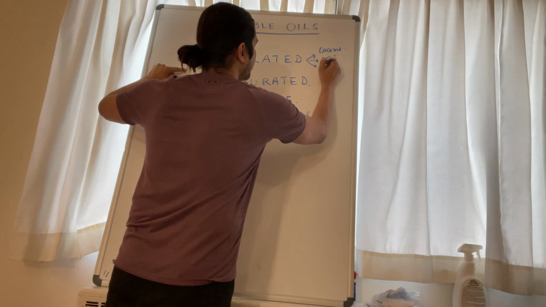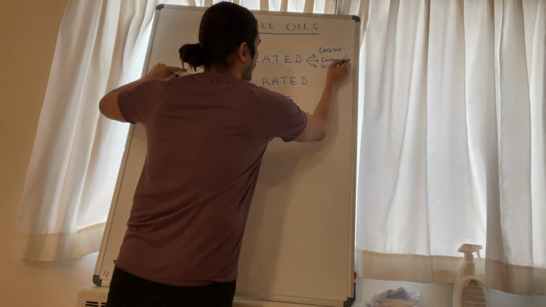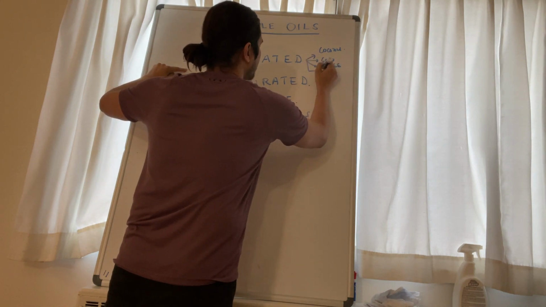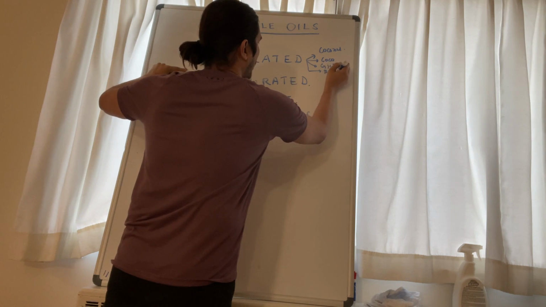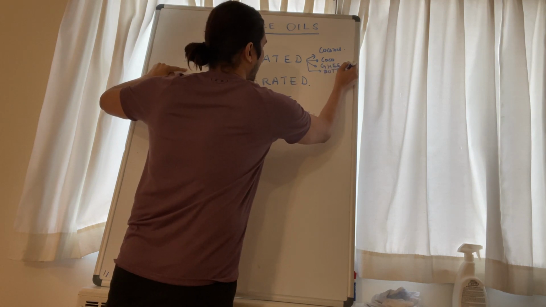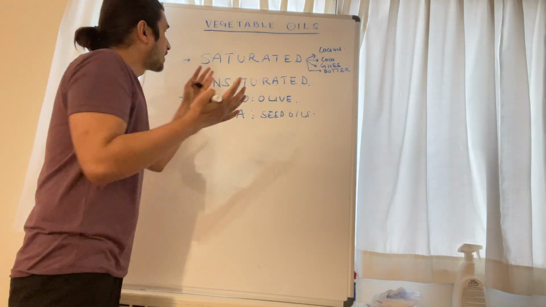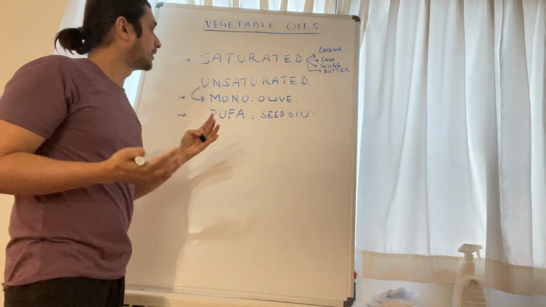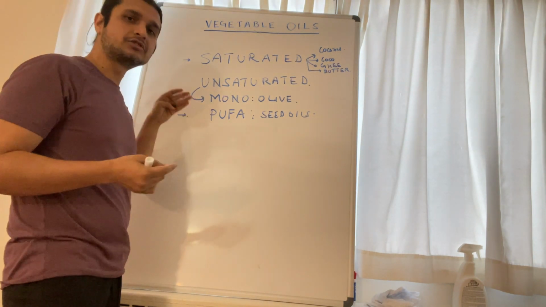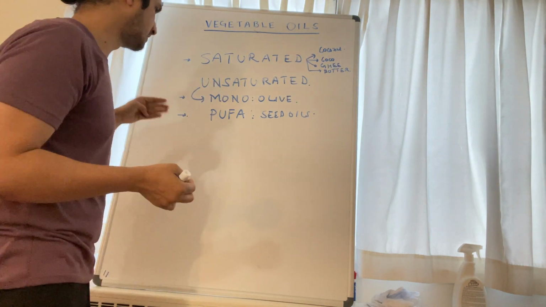Things like ghee, now that's an animal source, or butter. Those would be the four main forms of saturated fats. And of course, back in the 80s, there was a big movement that fats are bad, saturated fats are the worst. Now we are realizing that a lot of damage can also occur from the polyunsaturated fatty acids especially.